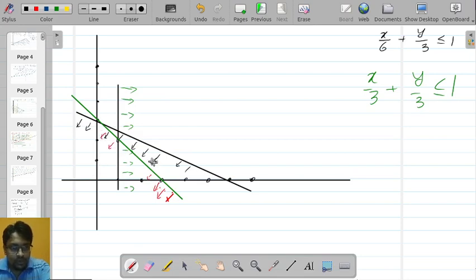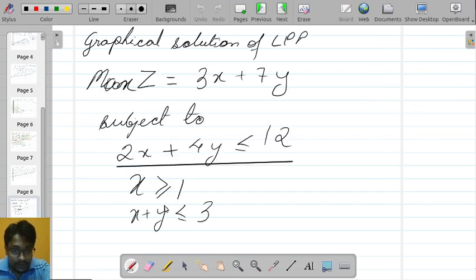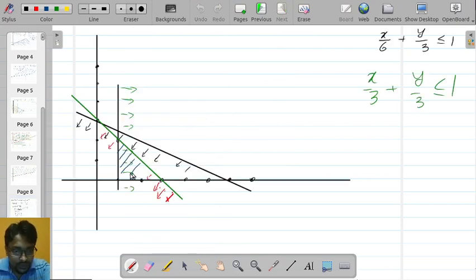Now out of all this, which region is common to all the inequalities? You can easily see this particular region. Of course, we have another inequality here: x greater than or equal to 0, y greater than or equal to 0. The non-negativity constraint is already there, so we have to take care of that also.